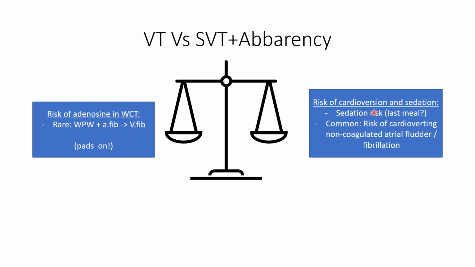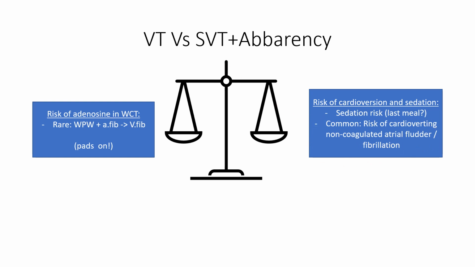There's a risk of sedation, of course, by giving a shock, depending on when they had their last meal and so on. But the more common, maybe higher, risk is that if you're converting something that actually is an SVT, if it was a flutter or atrial fibrillation, then you're converting someone who's uncoagulated, and it's really common to have an SVT, right?